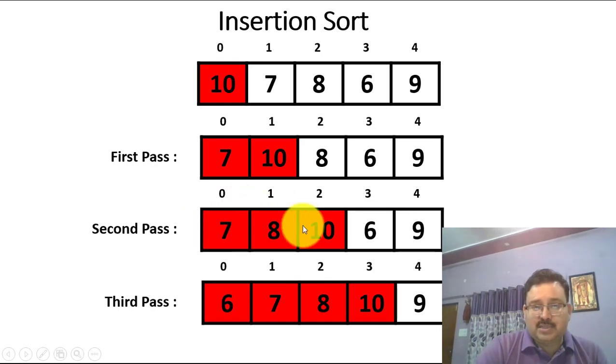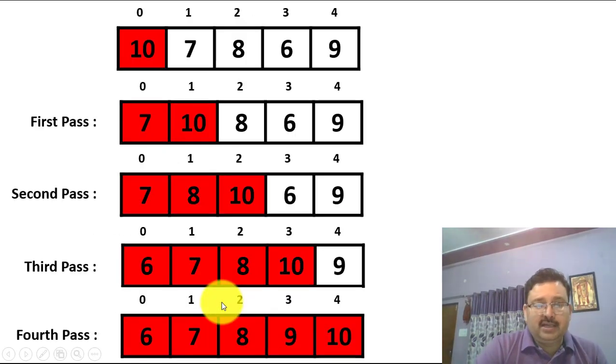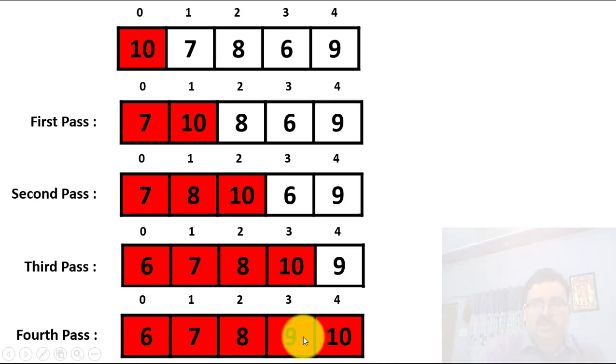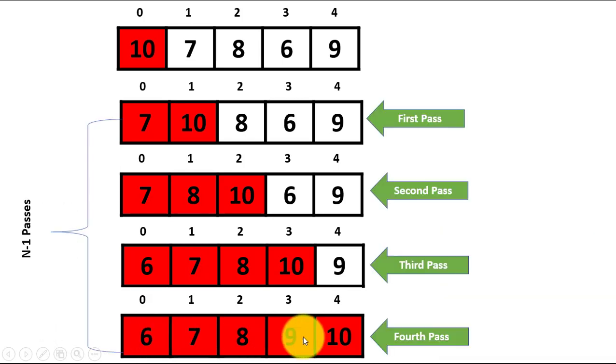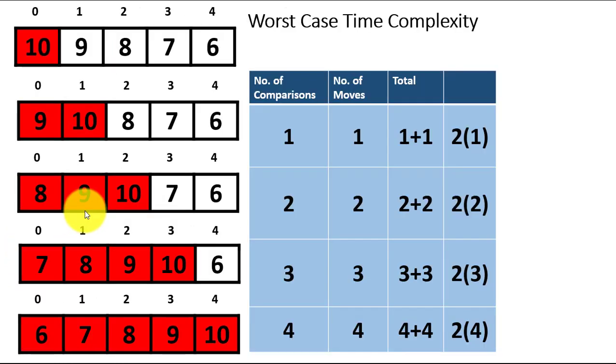In the third pass 6 is placed at this position, and finally in the fourth pass we sort the whole array. Now see, the number of passes is n minus 1. Total number of elements were 1, 2, 3, 4, 5. So the total number of passes is n minus 1, that is 5 minus 1, that is 4. In 4 passes we have sorted the array.